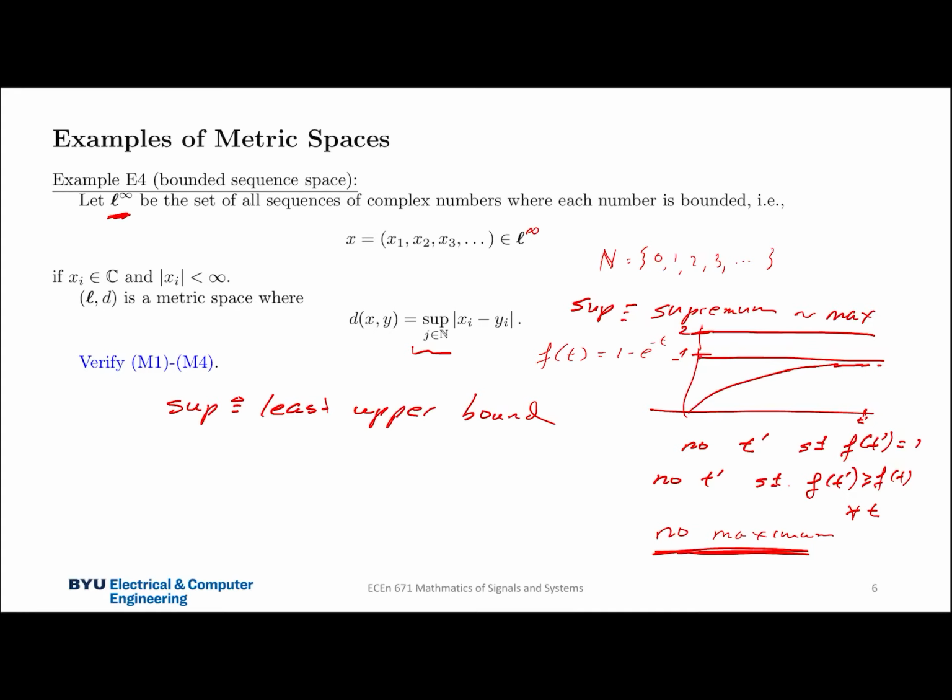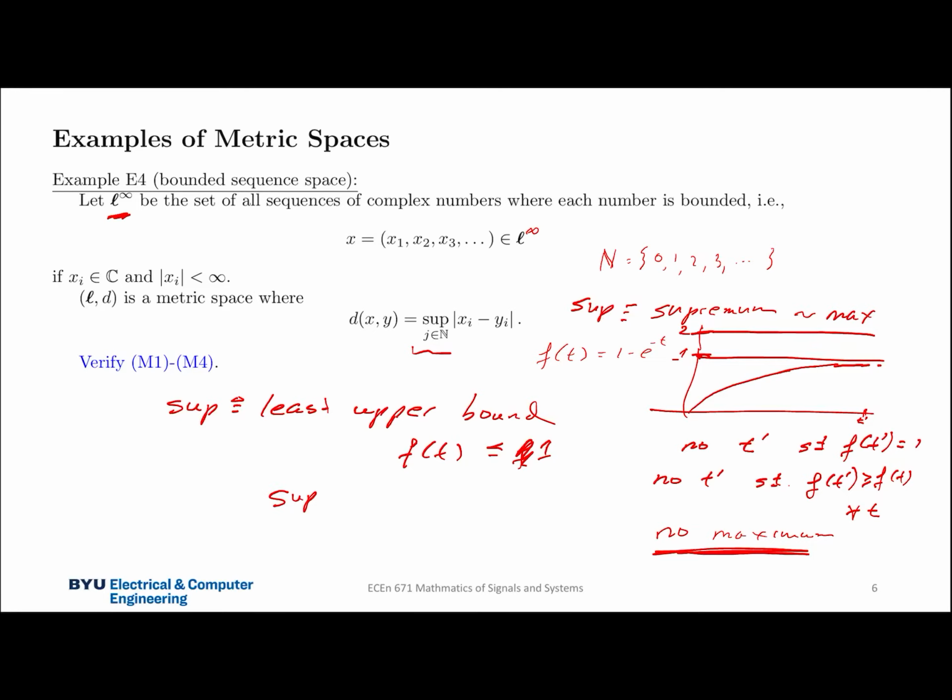And it turns out 1 is also an upper bound, right? f of t is always less than or equal to 1. And this is the smallest upper bound because if you picked 0.999999, then there is some t at some point that f of t gets above that. So nothing less than 1 can be the least upper bound. So 1 is the least upper bound.